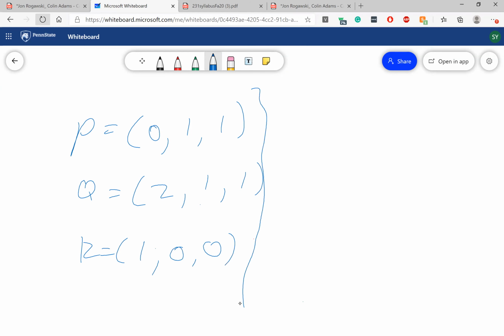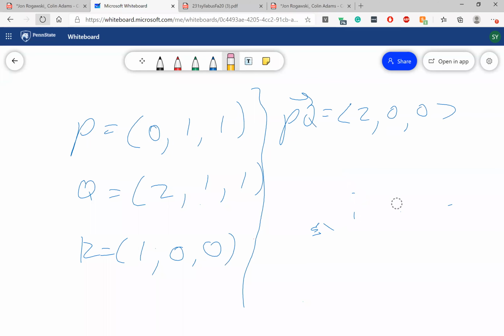Okay, so first we want to find the vector PQ, the vector from P to Q. So that's going to be the vector Q minus P. So that's 2, comma, and then 1 minus 1 is 0, and then 1 minus 1 is 0.